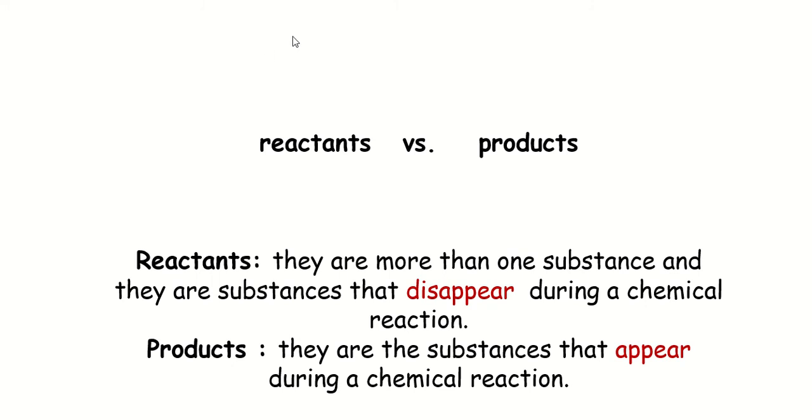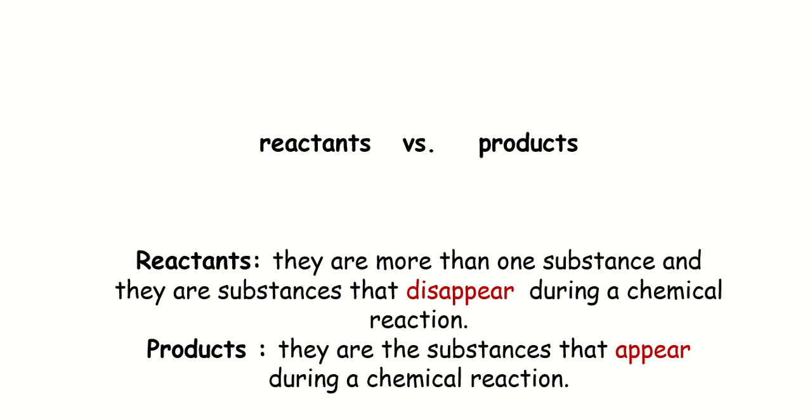The definition of both is that reactants are more than one substance, and they are substances that disappear during a chemical reaction. For example, the acetic acid and the sodium hydroxide were there at the beginning of the experiment, but at the end of the experiment, they disappeared.